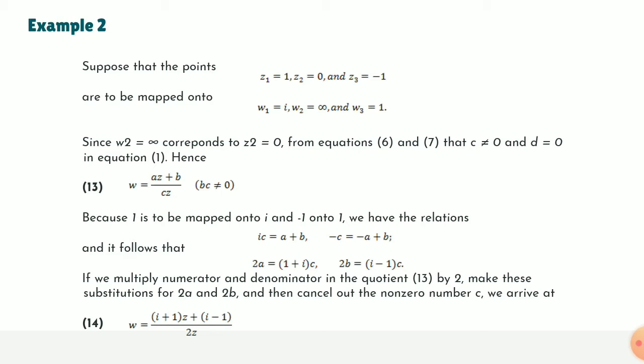If we multiply numerator and denominator in the quotient 13 by 2, make these substitutions for 2a and 2b, and then cancel out the non-zero number c, we arrive at w equals ((i + 1)z + i - 1) over 2z.